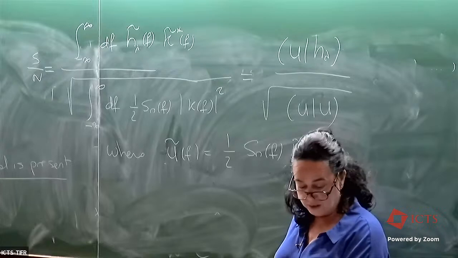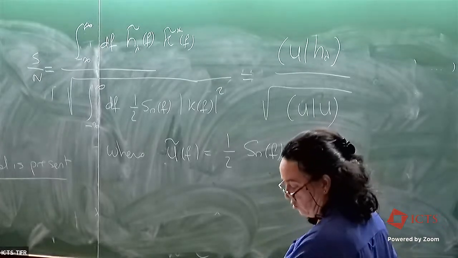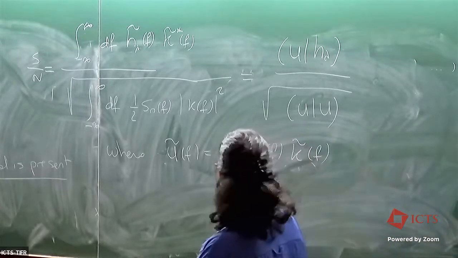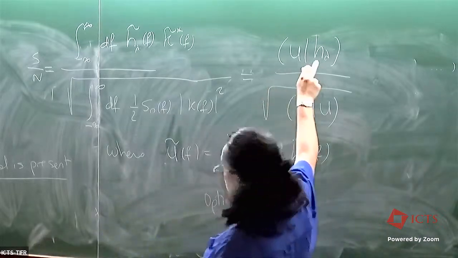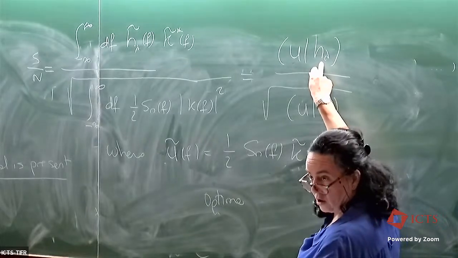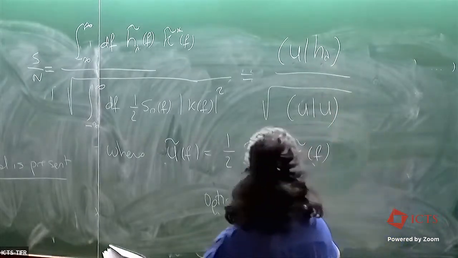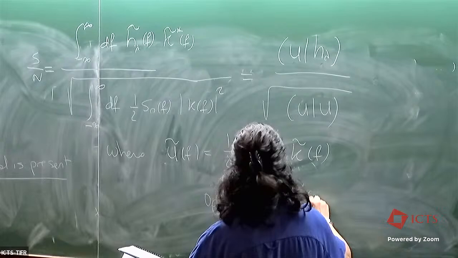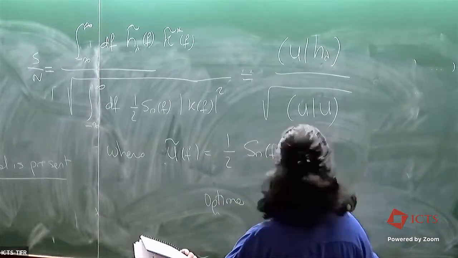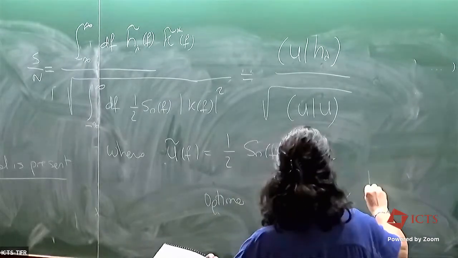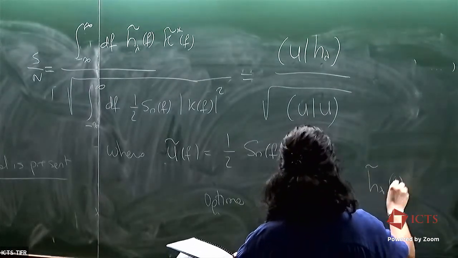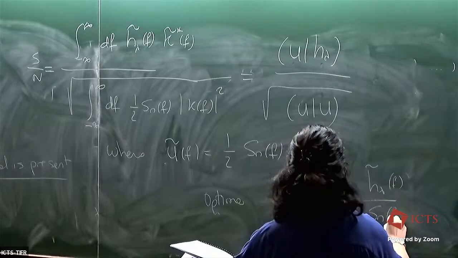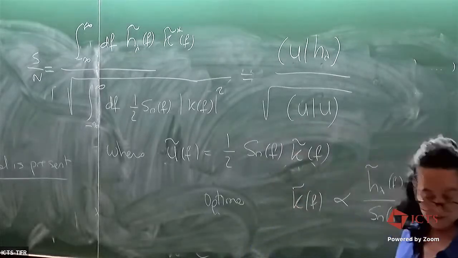So the optimal filter is when u is parallel to h, therefore, when the Fourier transform of the filter is proportional to the Fourier transform of the template, with this ratio here.